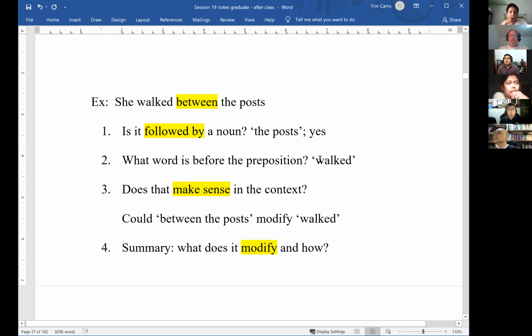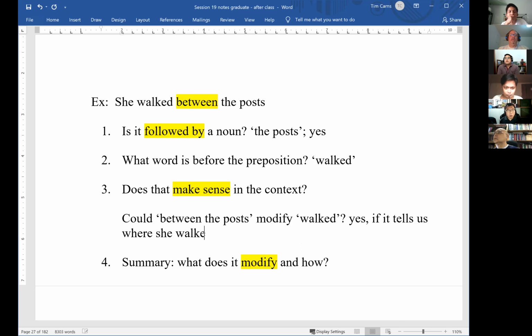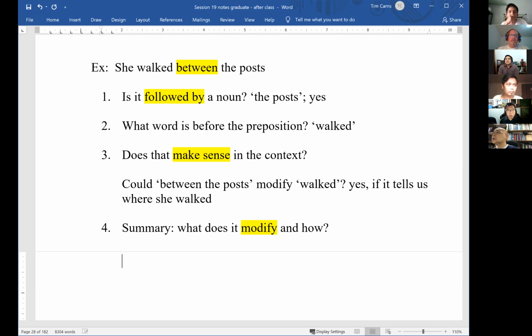Yes, it does make sense. Okay, in what way? Because it describes where she walked. Yes. Okay, so again, we have a short sentence, but we're starting with just some simpler examples.